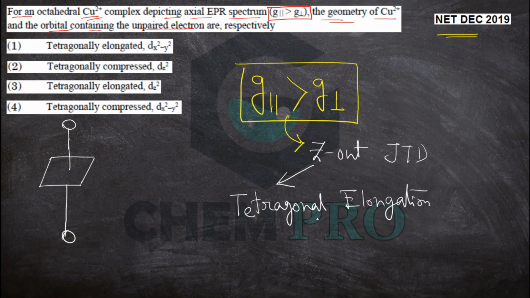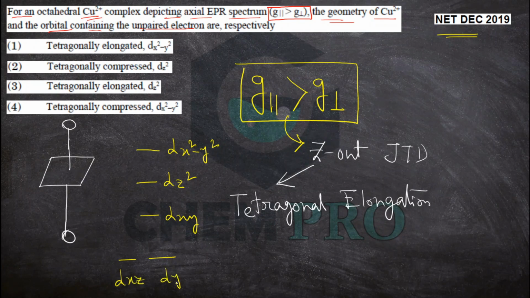For this the electronic configuration will be like this: here it will be the dx square minus y square, this is dz square, this is dxy, and these two orbitals are dxz and dyz, and the electrons will be like this.